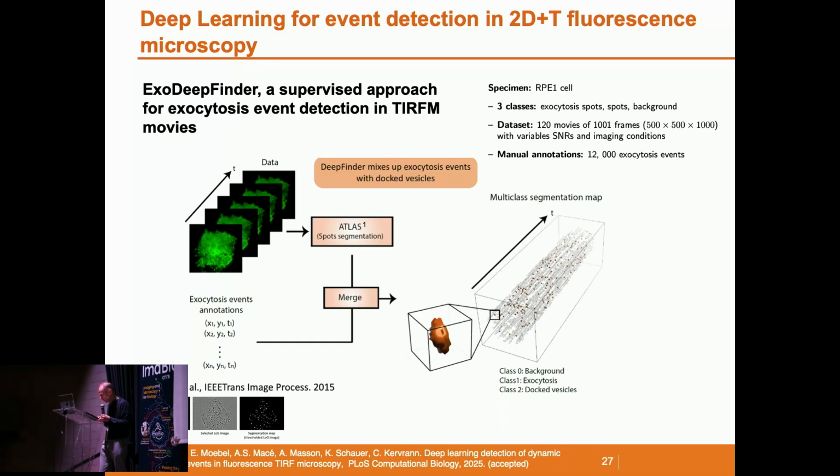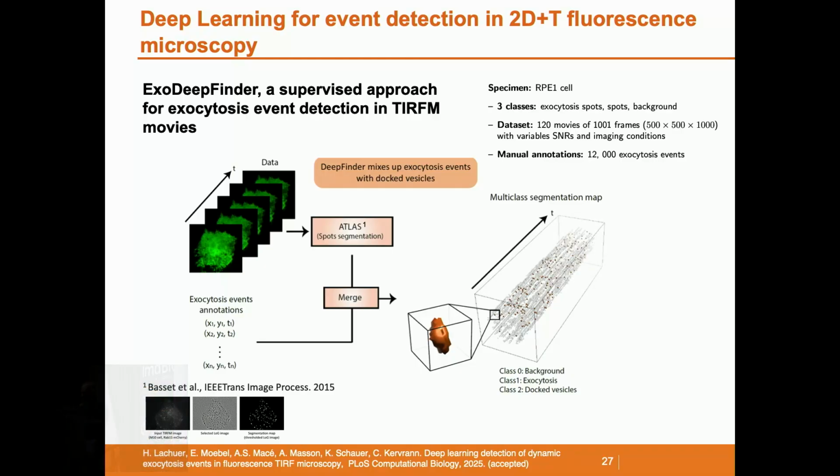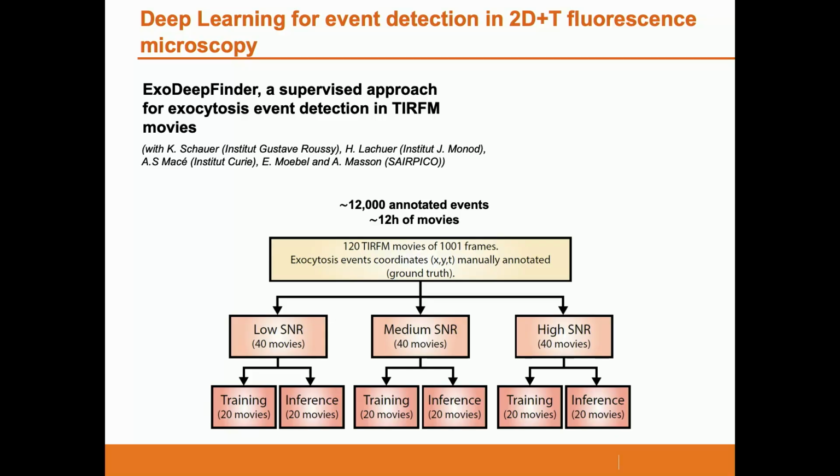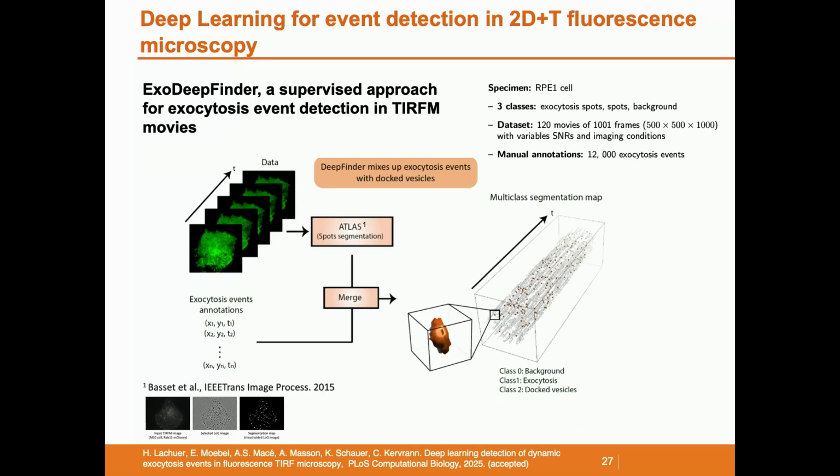So we applied this methodology, but it was not successful. If you only consider annotation given by the expert, which is very large, the number of annotations is 12,000 annotations. DeepFinder was not able to detect anything.